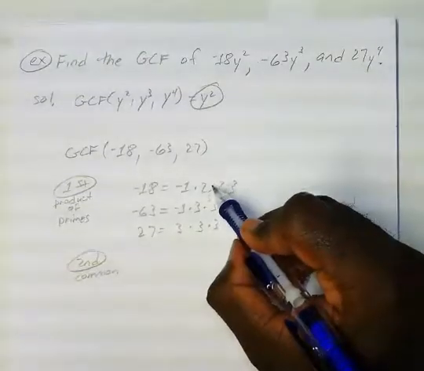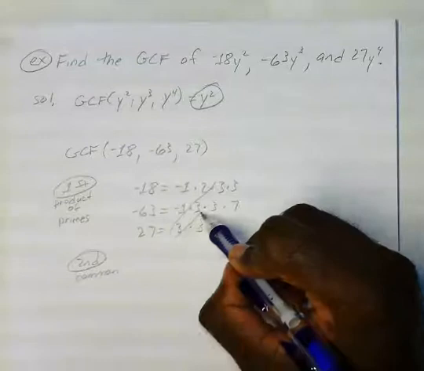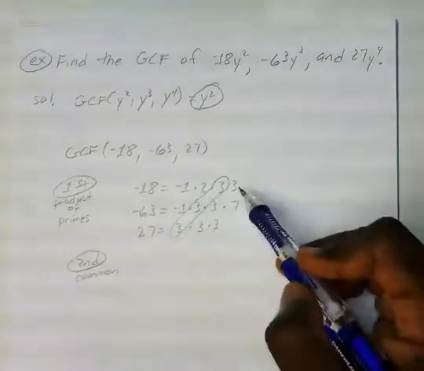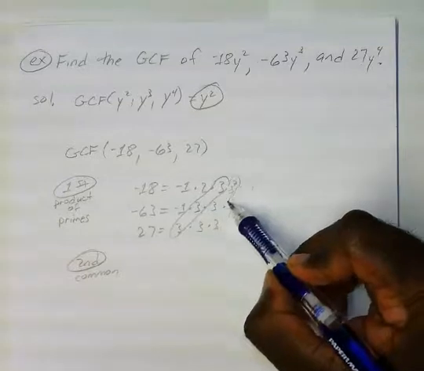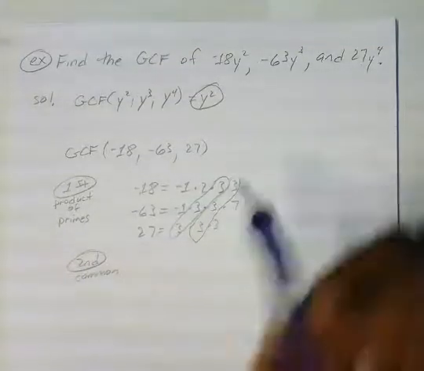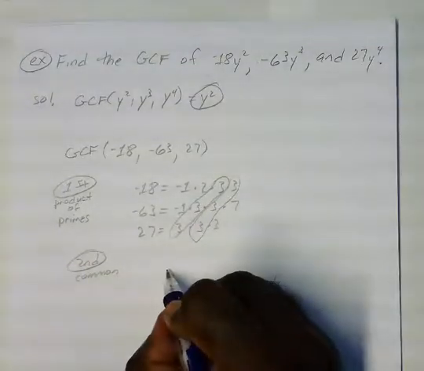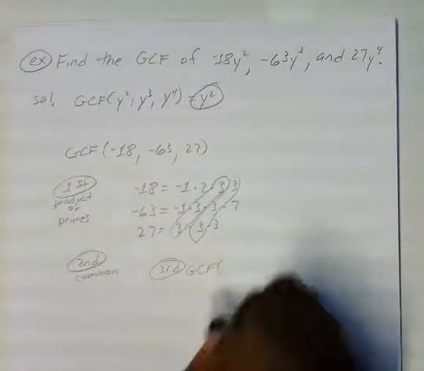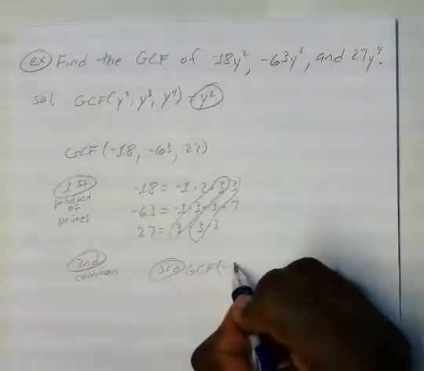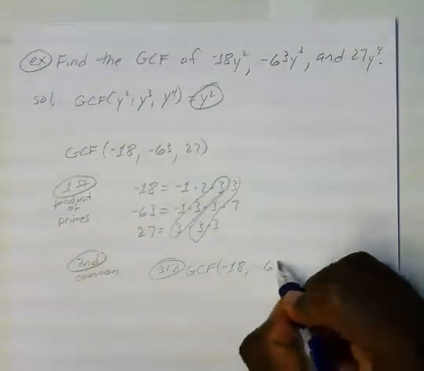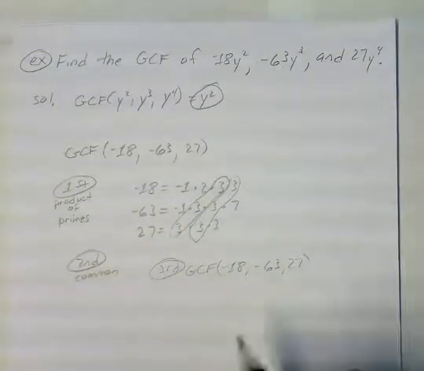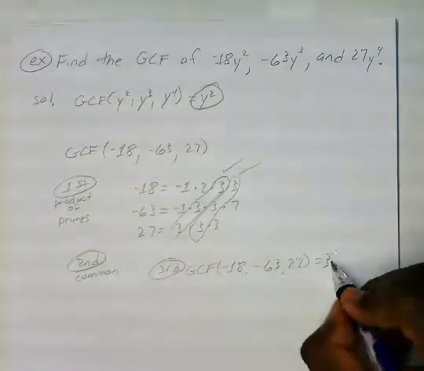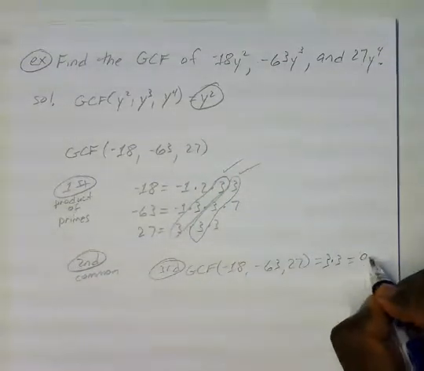Which brings us to our second step, which is the common factor. So we see all three of them have a 3 in common. And actually, all three of them have another 3 in common. So we know that the greatest common factor of just the numbers, -18, -63, and 27, is 3 times 3, which is 9.